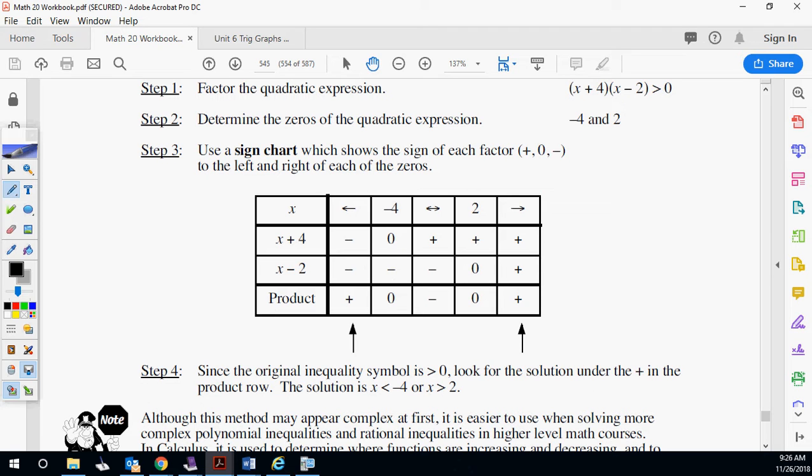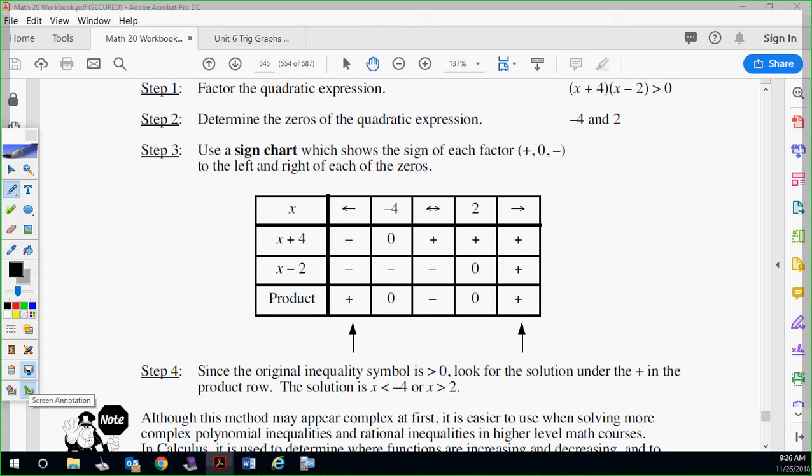What's helpful is that you use this to help determine what's happening. So this is how you read the chart. Right here this means less than negative 4, so like negative 5, negative 6. If I put negative 5 here, what's negative 5 plus 4?